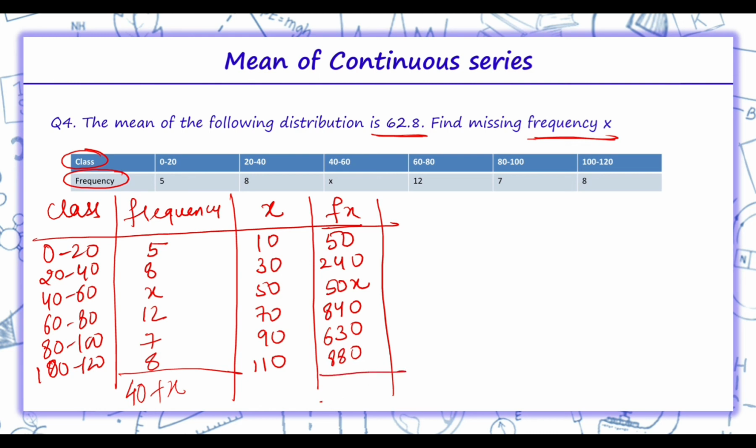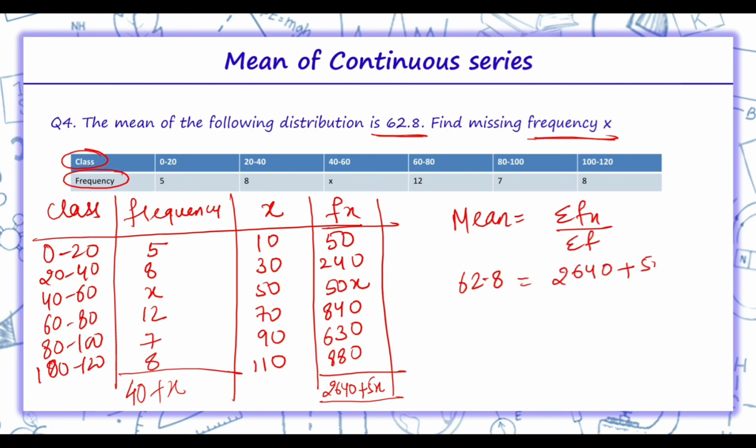So summation fx is 2640 plus 50x. Now mean is summation fx upon summation f. Mean is given to be 62.8, so 62.8 equals 2640 plus 50x upon 40 plus x. So we'll do cross multiplication over here.